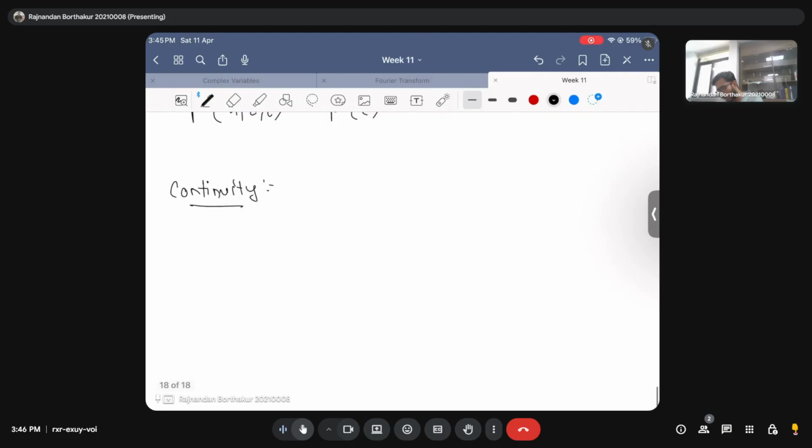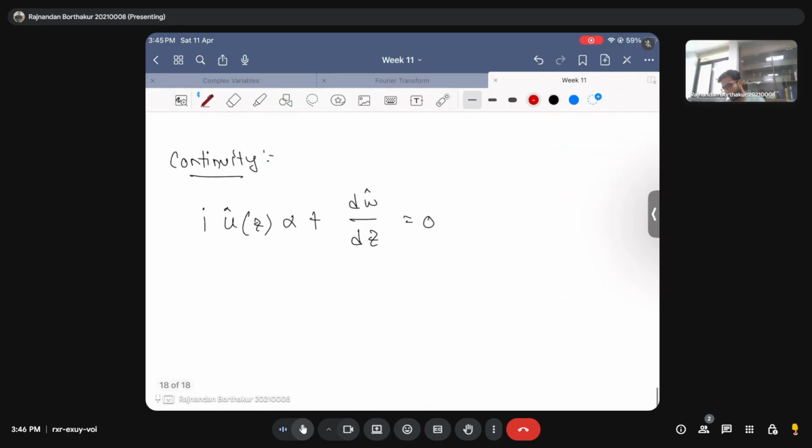Your continuity equation will turn out to be i times alpha times u hat of z plus dw hat by dz equal to 0. That's the continuity equation, equation 11a.